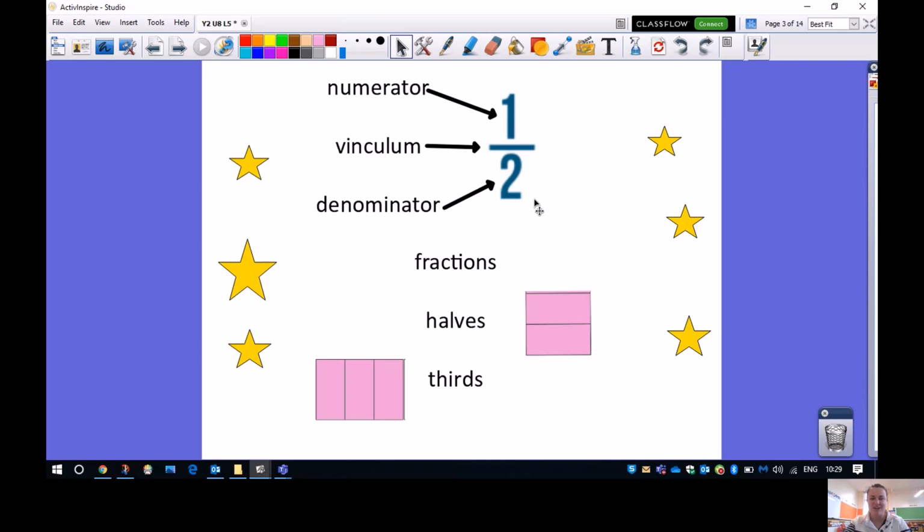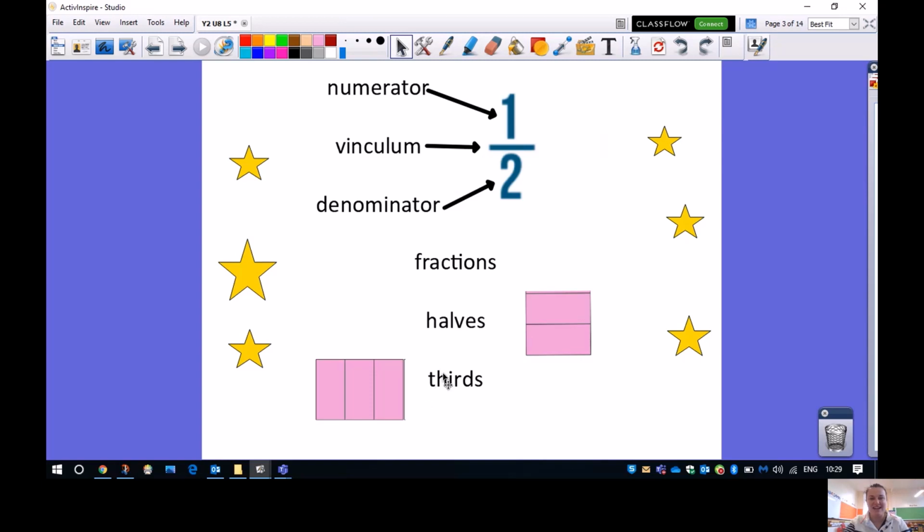And we know that a fraction shows parts of a whole. And if something has been split into 2 equal parts, it has been split into halves. And if something has been split into 3 equal parts, we call that thirds.